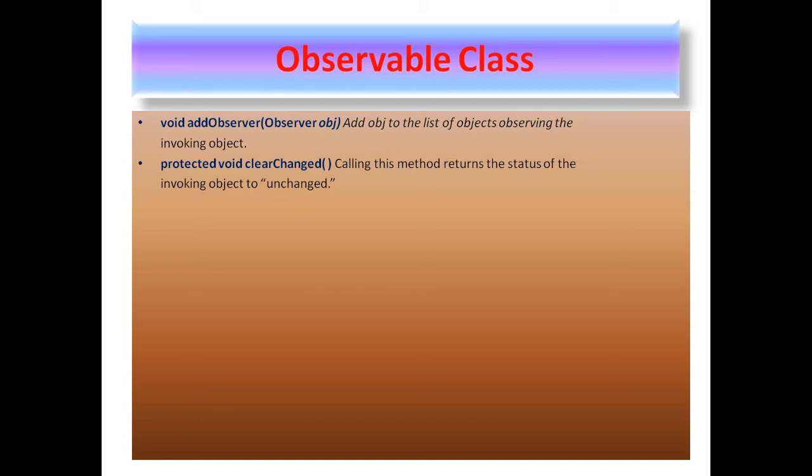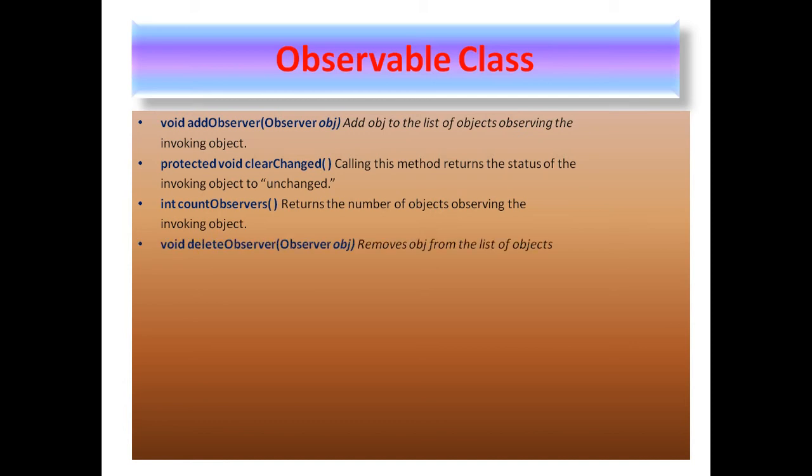Then clear changed: calling this method returns the status of the invoking object to unchanged. Count observers returns the number of observers of this object. Delete observer takes one parameter, an observer object, and deletes that particular observer. Delete observers removes all the observers of the invoking object.